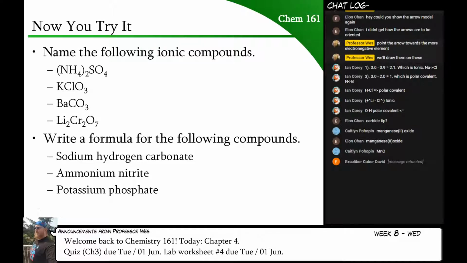So I have more polyatomic ionic compounds here for you to name. This does require you to look things up, so I'm going to give you about 3 or 4 minutes to try these, and then we'll just go over the answers so that you have them handy. Okay?